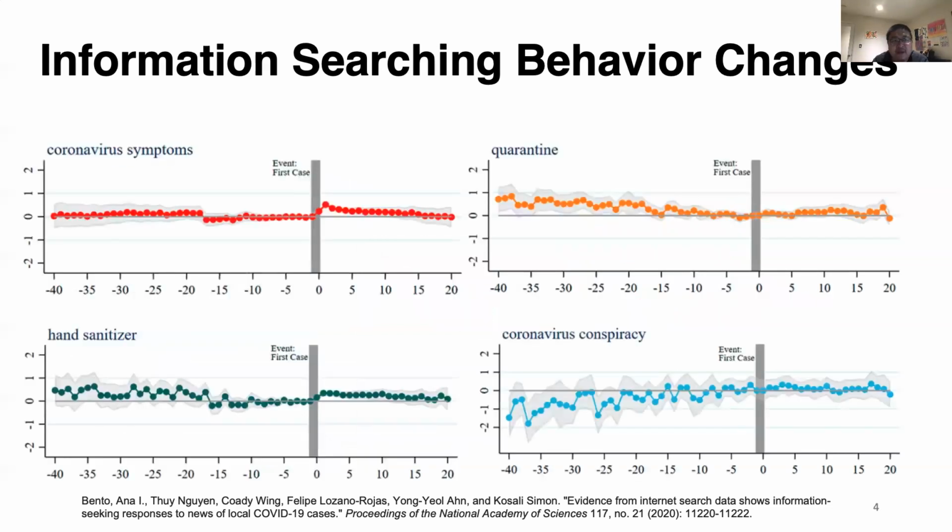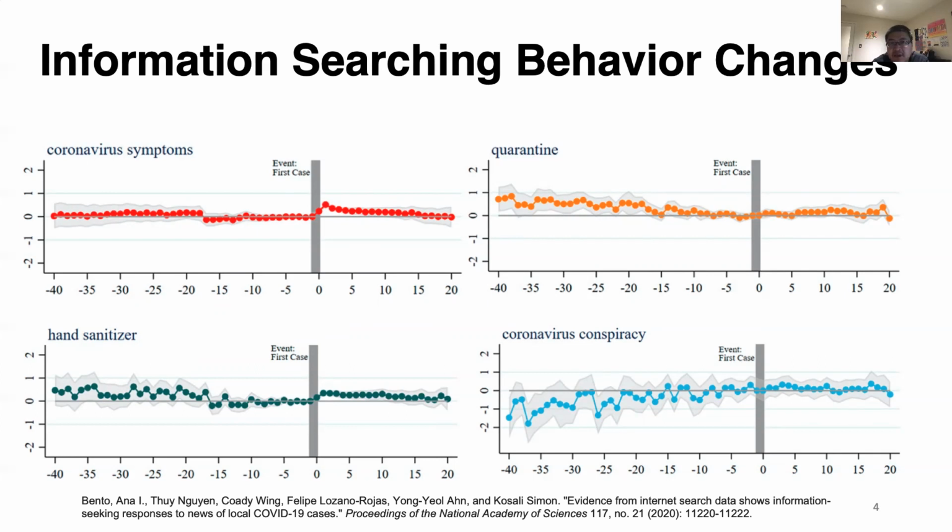These figures are also from that study, showing the time-varying effect of the announcement of the first COVID-19 case in the state on searches for symptoms and treatment, hand sanitizer and diagnostic tests, coordinated responses such as quarantine, and narratives that undermine public responses, such as the coronavirus conspiracy.